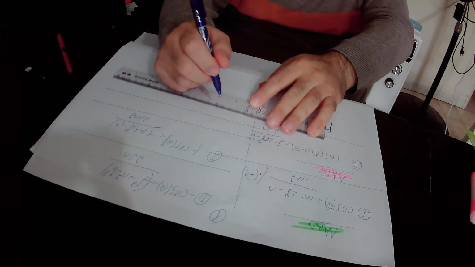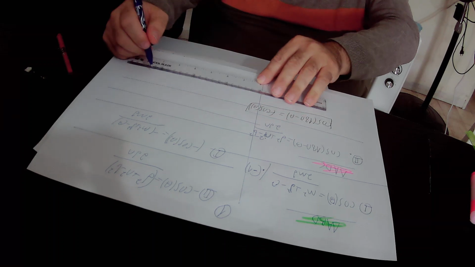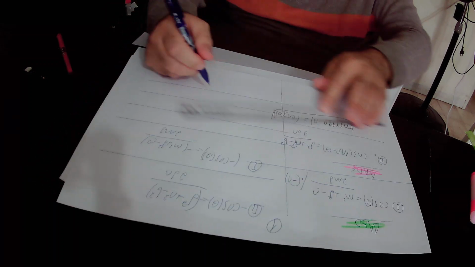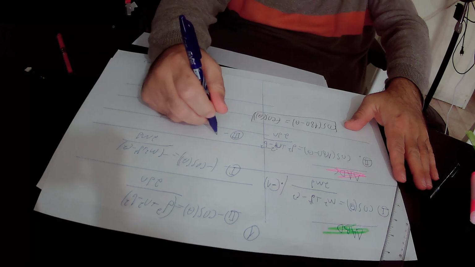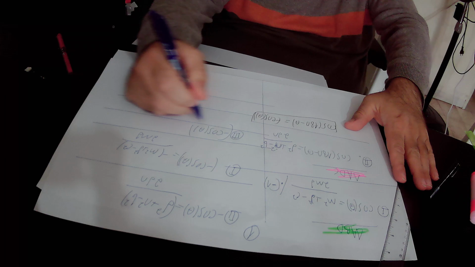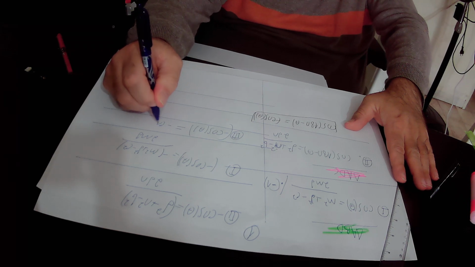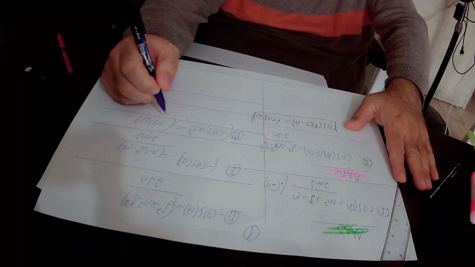So in the next step we get equation number 3, that states that minus cosine theta according to equation number 1 must be equal to minus cosine theta according to equation number 2.